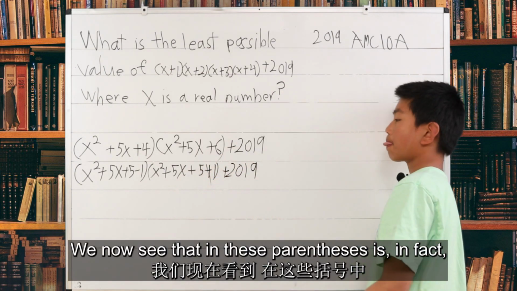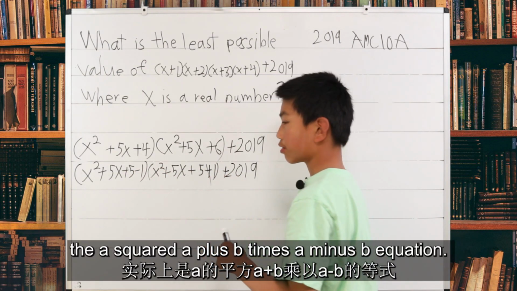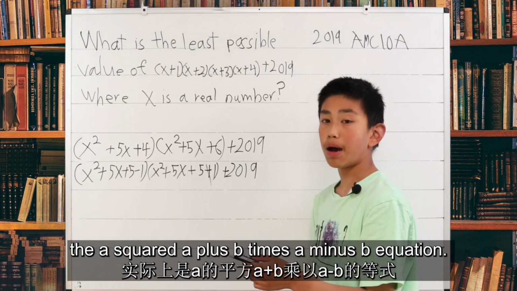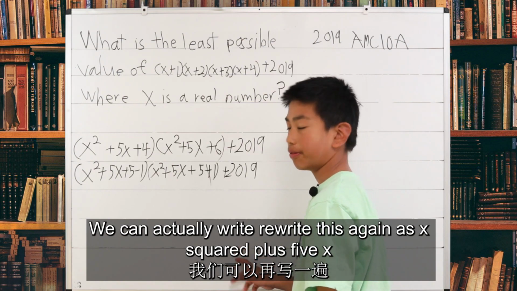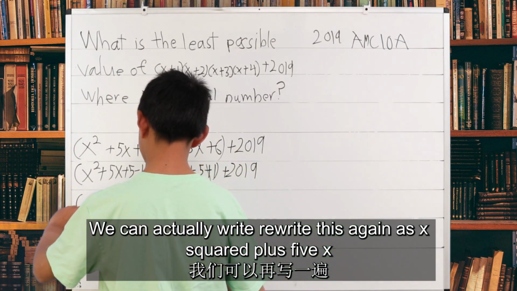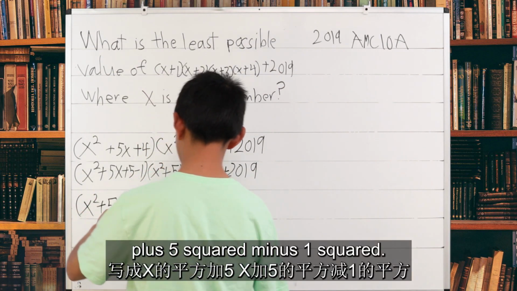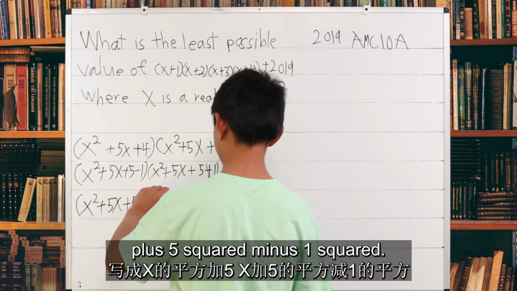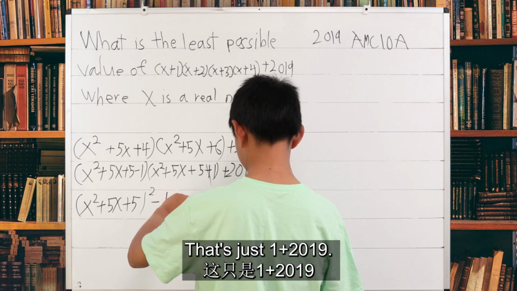We now see that this is the (a plus b)(a minus b) form. So we can rewrite it as (x squared plus 5x plus 5) squared minus 1 squared, that's just 1, plus 2019.